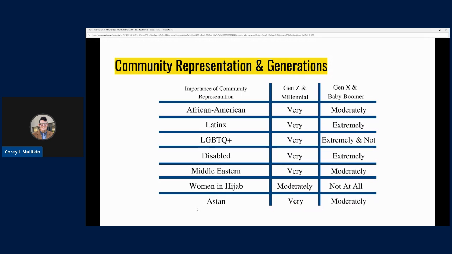Really with any of these communities, you don't have to be out there waving a rainbow flag. But you just need to be there and say, these people are Americans, they're part of America, and if that's who we're trying to reach and represent, we need to include them.